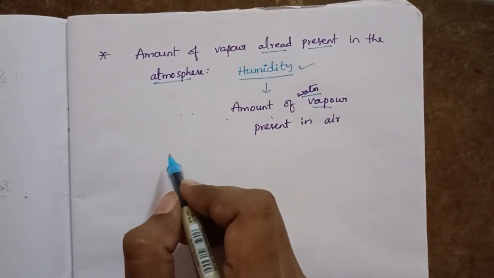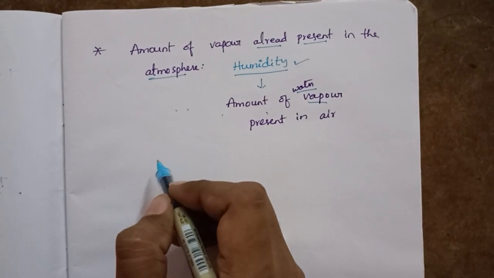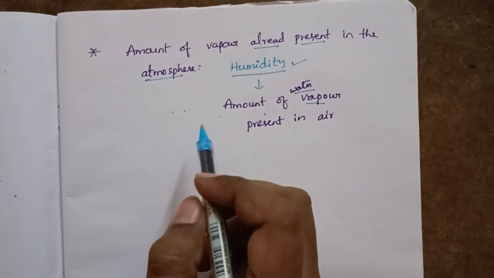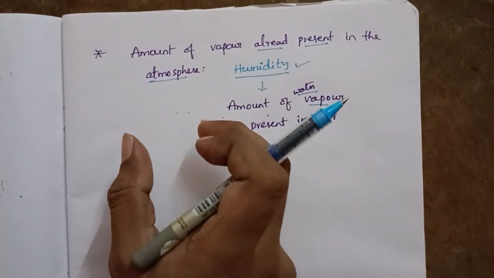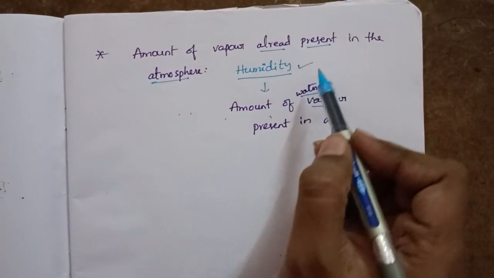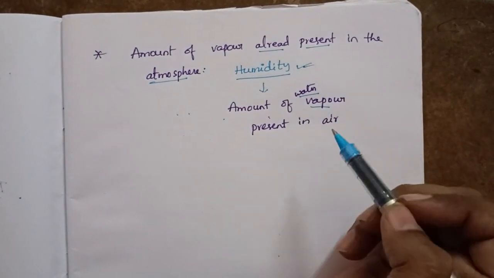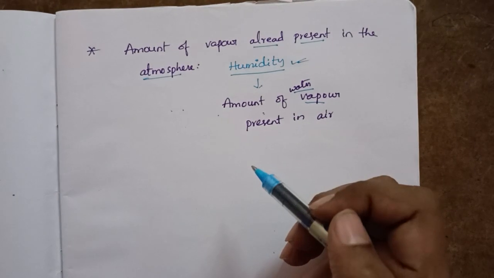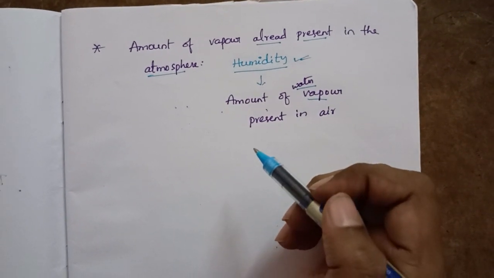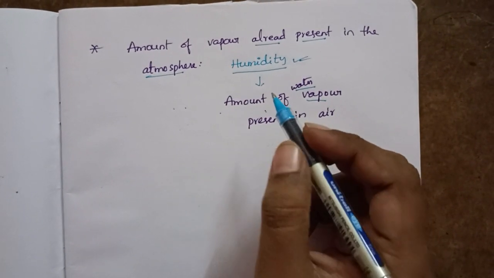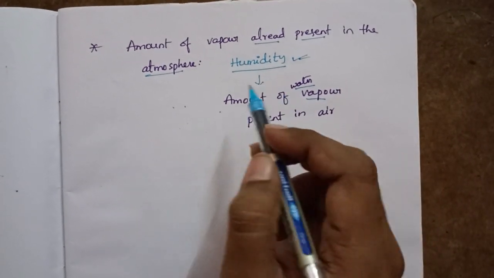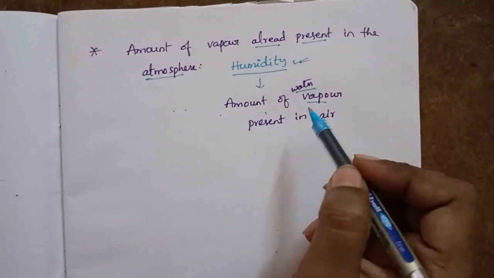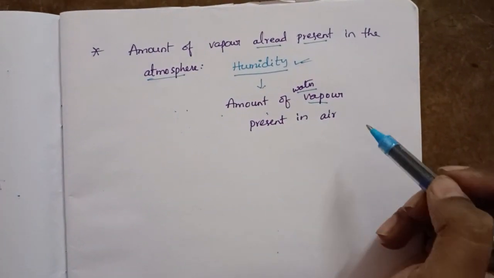So if you take two identical vessels, one is kept in a more humid place, another one is kept in a less humid place. Both are filled with the same amount of liquid, the same amount of water or any other liquid. One is placed on a more humid day, another one on a less humid day.